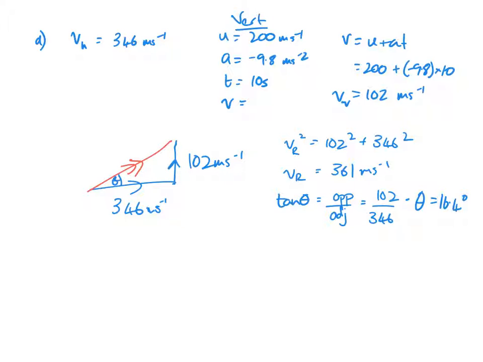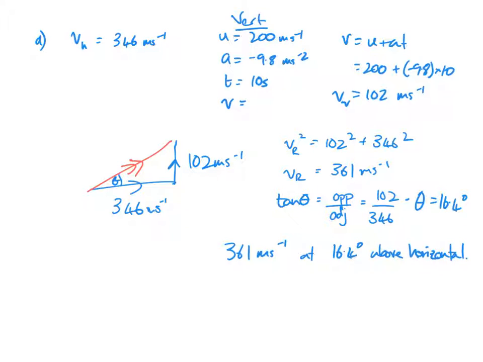So our final answer for the velocity after 10 seconds will be 361 meters per second at 16.4 degrees above horizontal, as shown in the sketch.